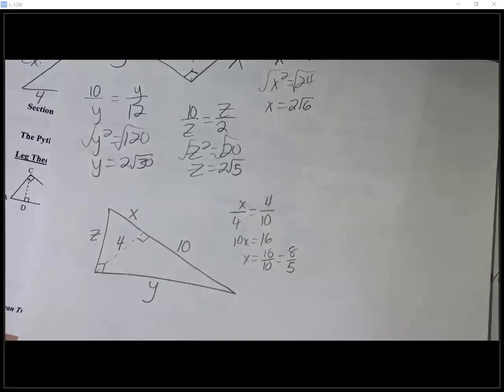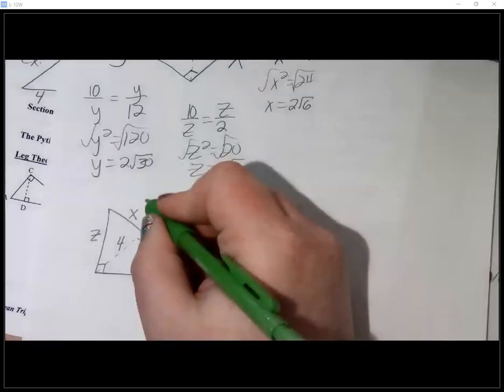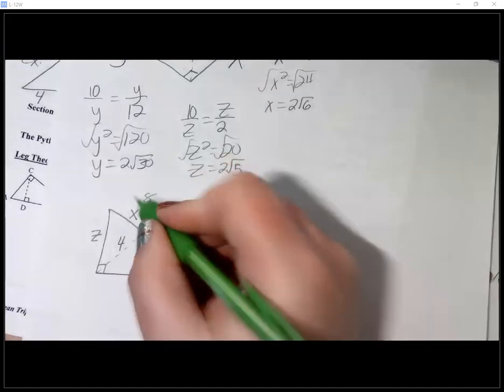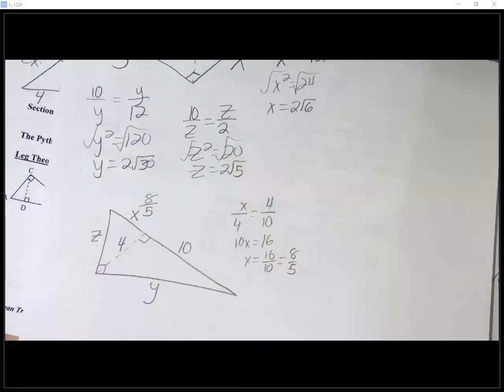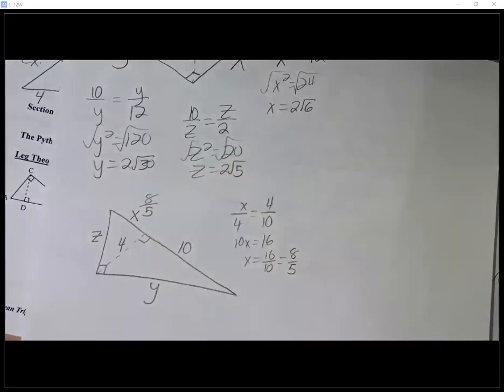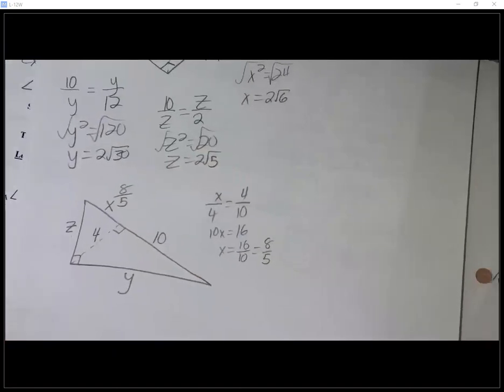Yeah, okay. Because if we had different values for X, then our values for Z and Y are definitely going to be wrong or different. I'm going to start going through, I'll find Y first.